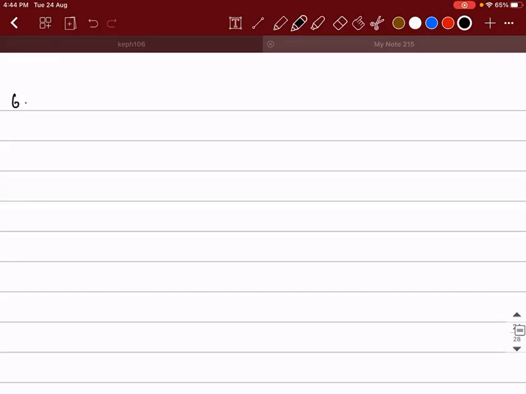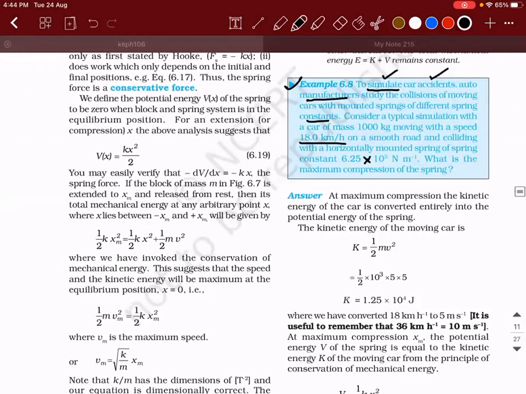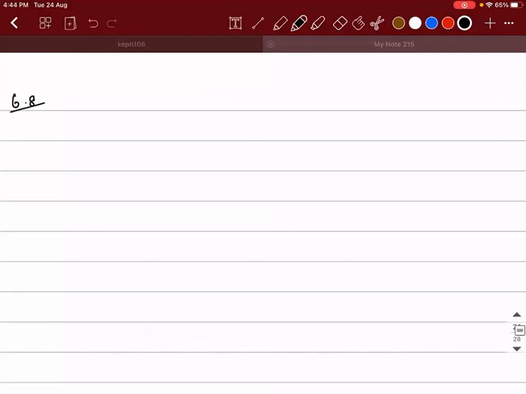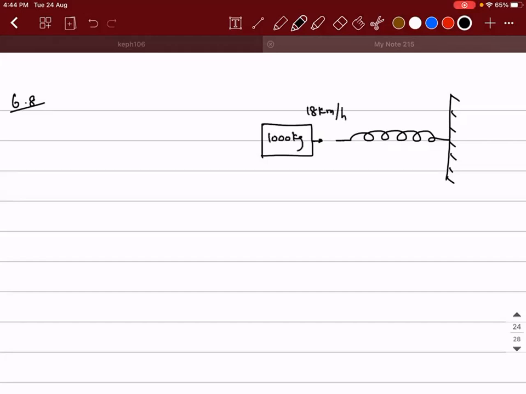What is the problem number? 6.8. Okay, car is moving and it has a mass of 1000 kilogram. It is moving with a speed of 18 kilometer per hour. Spring constant is 6.25 into 10 power 3 Newton per meter. Correct? Now you guys tell me, when the spring is experiencing maximum compression, what would have happened to the car?